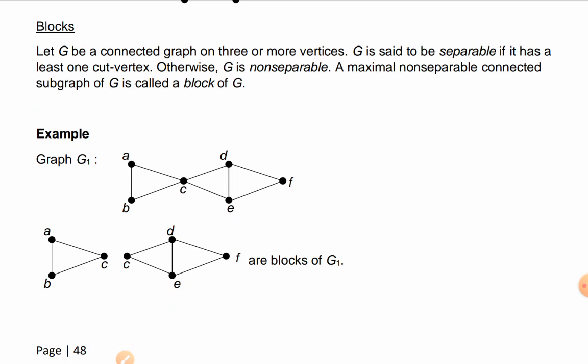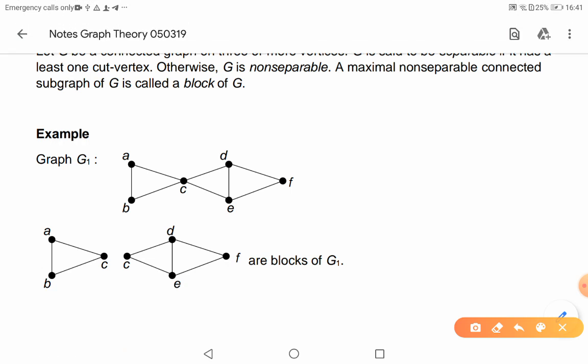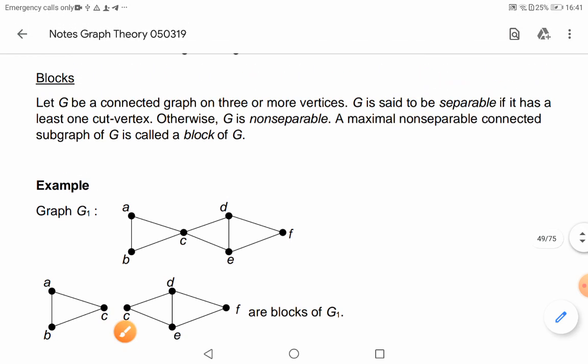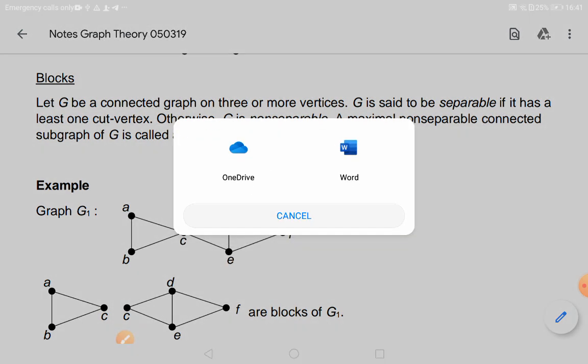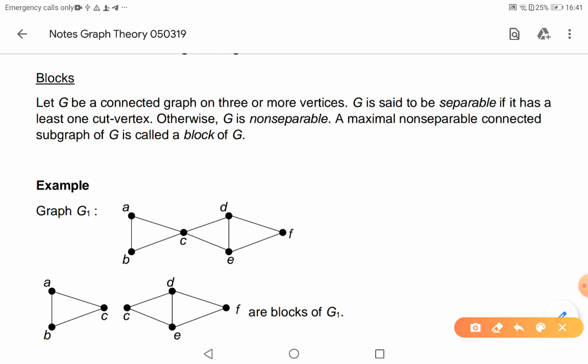What are blocks? Let G be a connected graph on three or more vertices. G is said to be separable if it has at least one cut vertex.